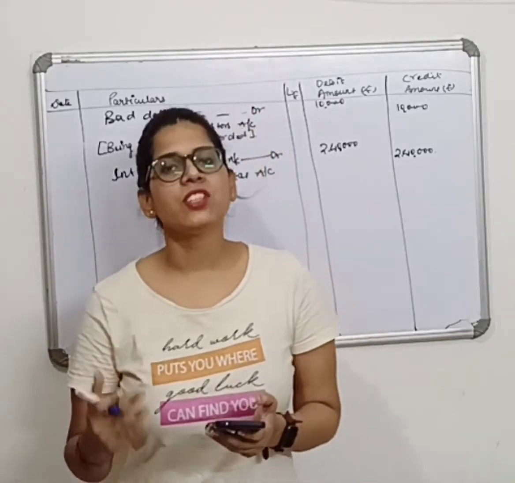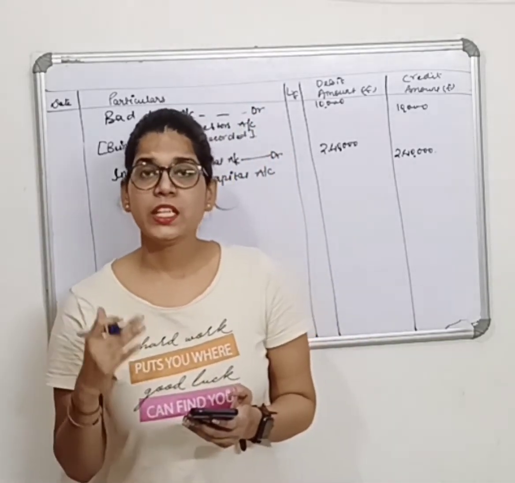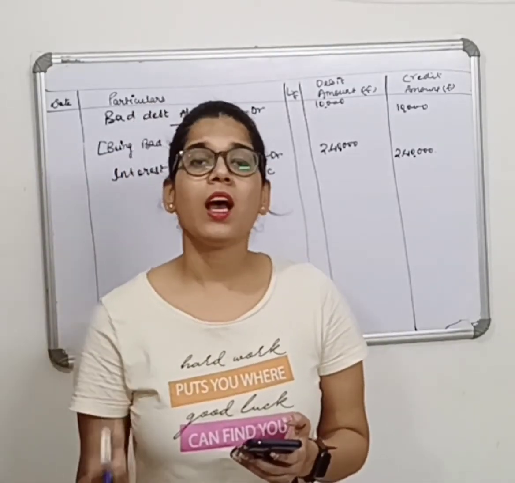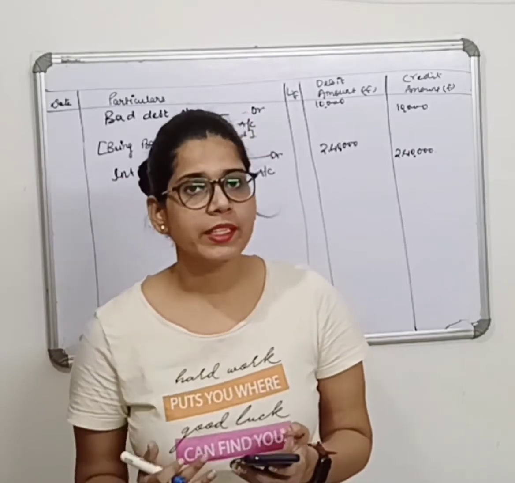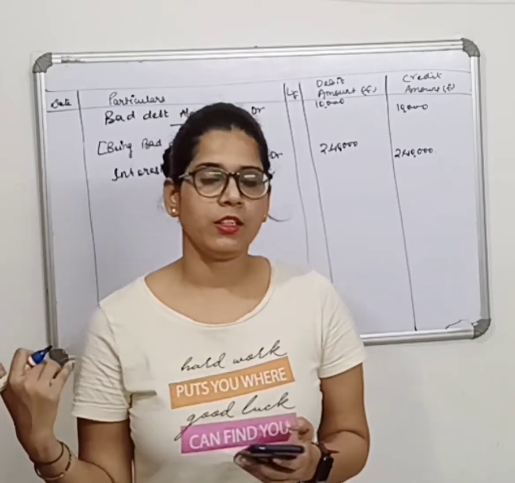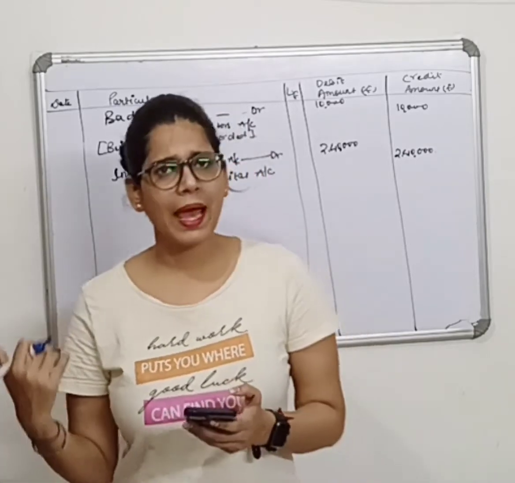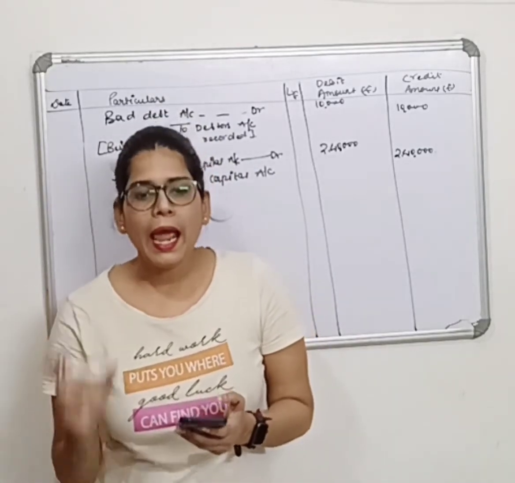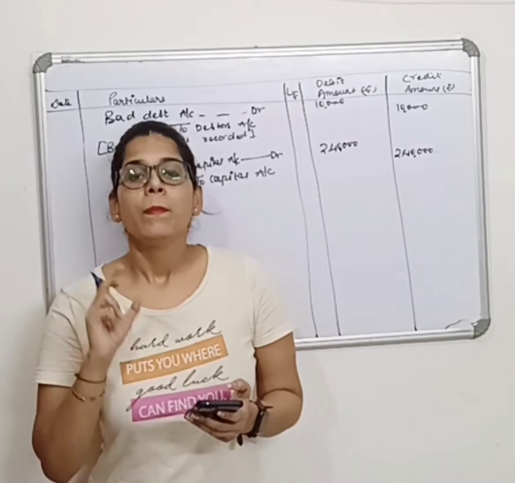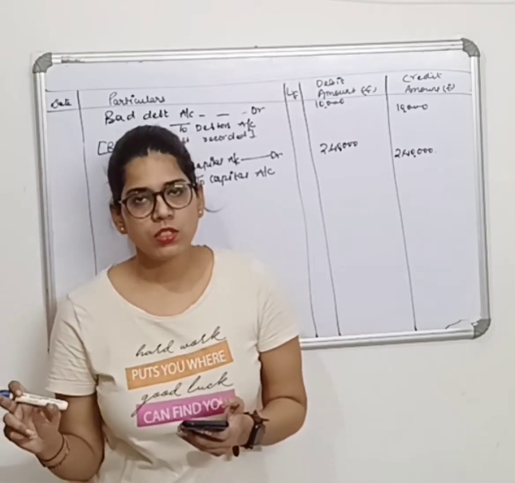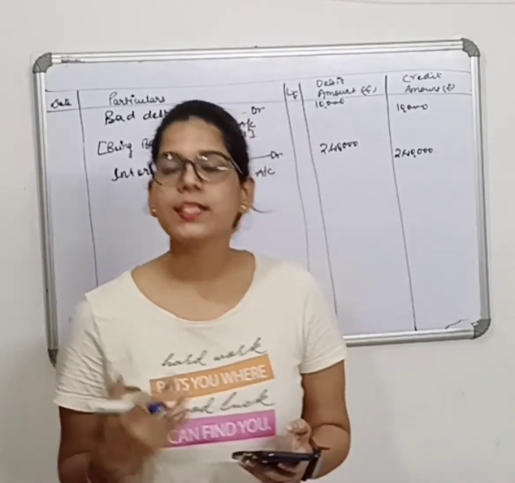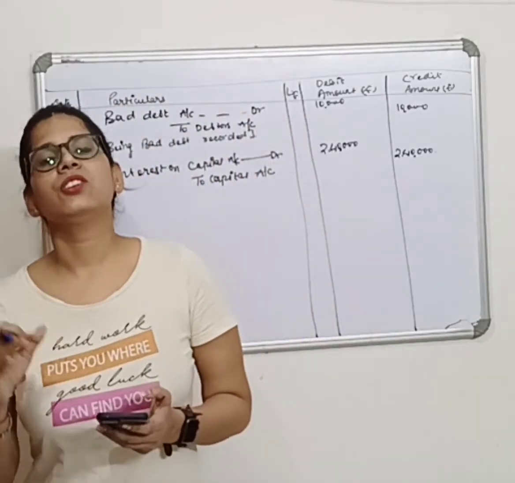Whenever a bad debt recovery is happening, either cash or bank will get debited because the money will either come in cash or be credited to the bank account. So cash or bank gets debited, and we credit bad debt recovery account. Bad debt recovery is a kind of income for us, and hence it gets credited.